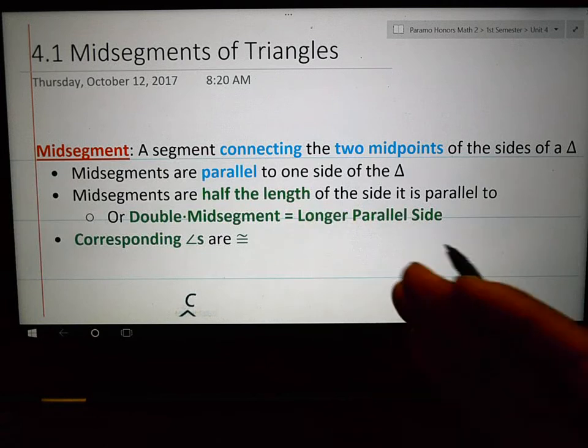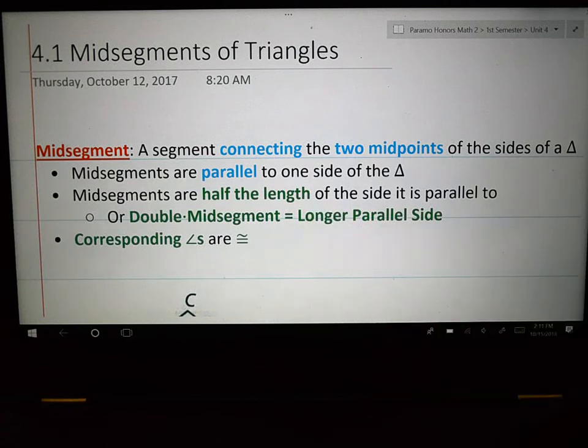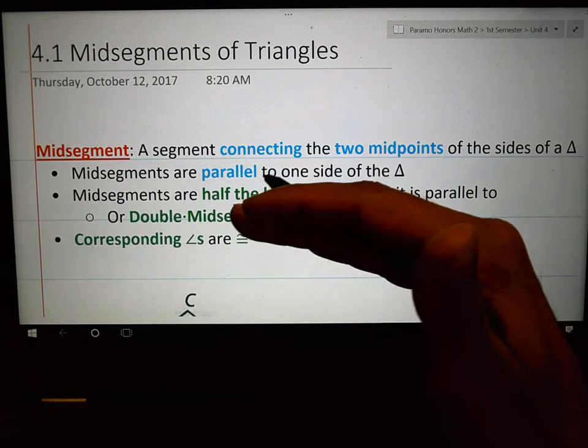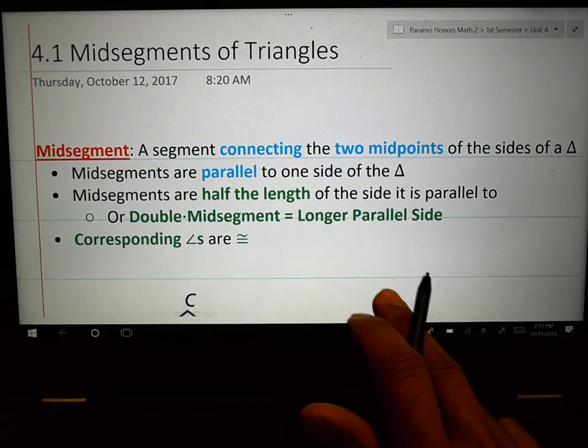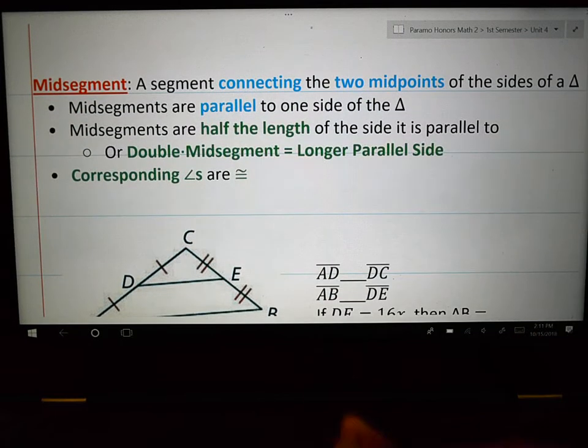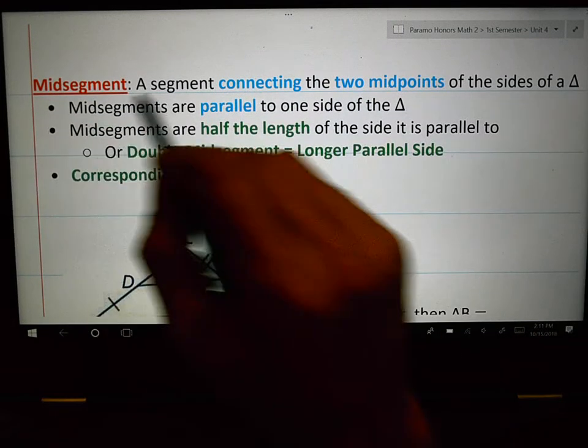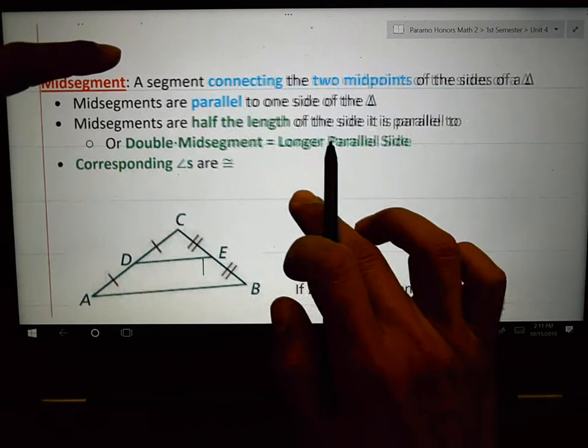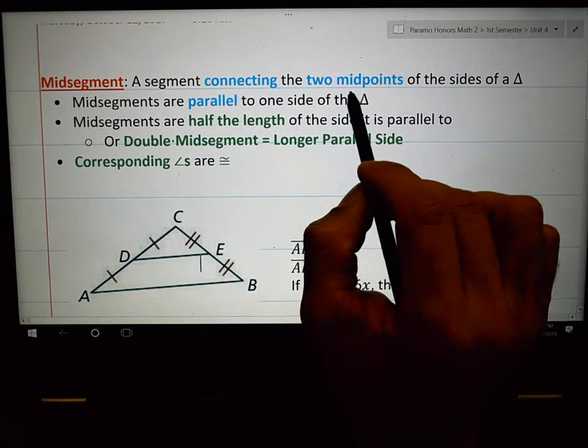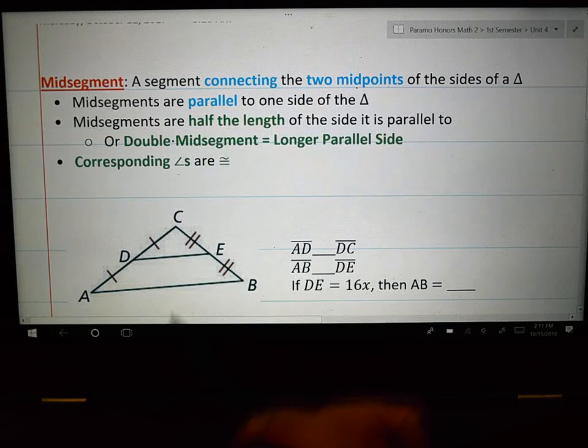It was the thing that you were trying in the 4.0 worksheet. When I gave that to you, you were supposed to figure this stuff out about a midsegment. If you did, great. This is a summary of what you should have figured out. If not, these are the facts that you need to know. A midsegment is a segment that goes from one midpoint to another in a triangle.